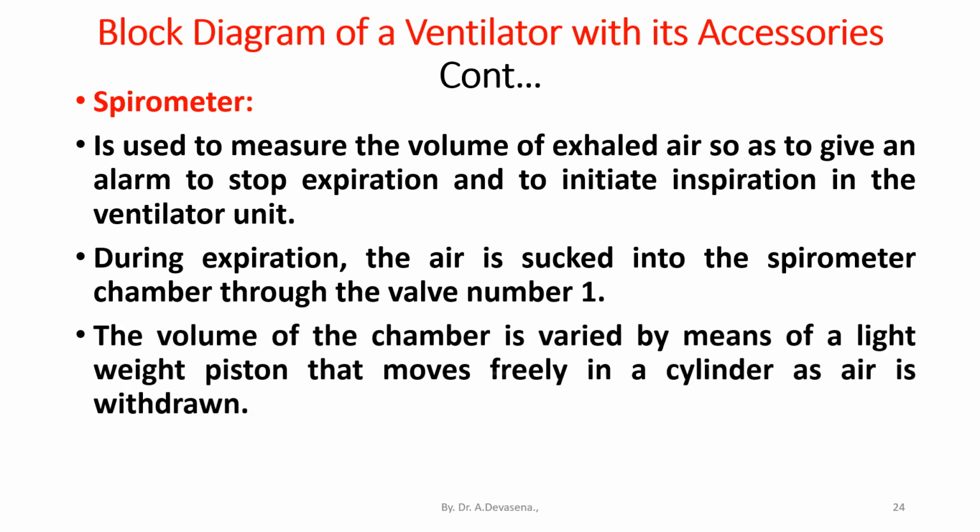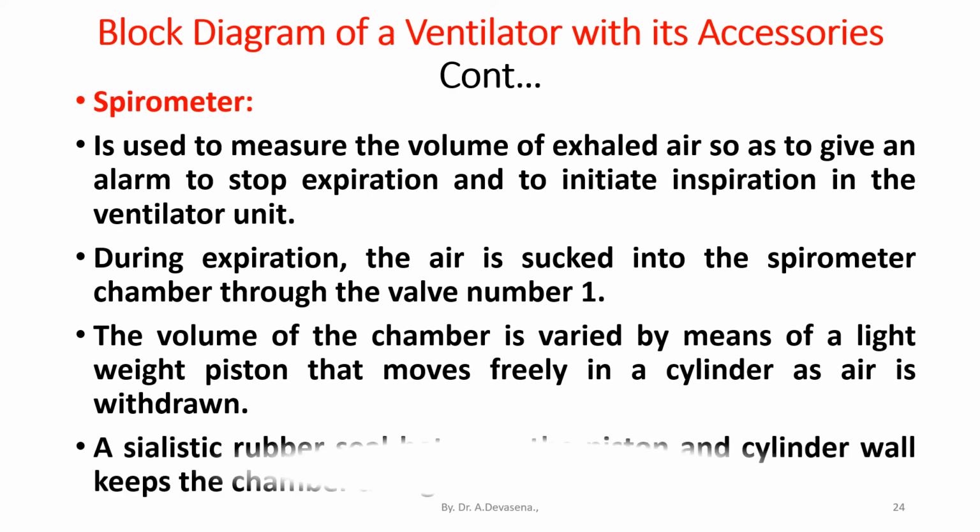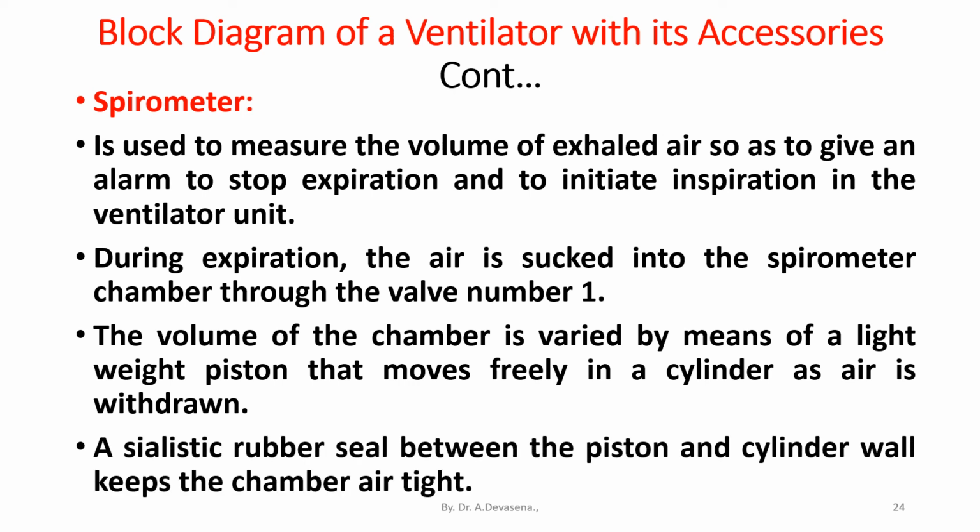The volume of the chamber is varied by means of a lightweight piston that moves freely in a cylinder as air is withdrawn. An elastic rubber seal between the piston and the cylinder wall keeps the chamber airtight.